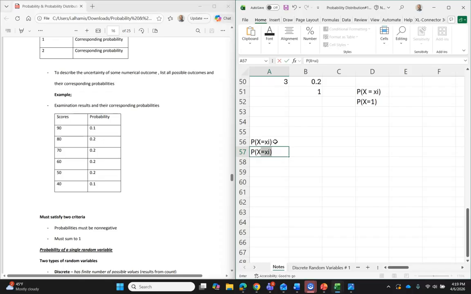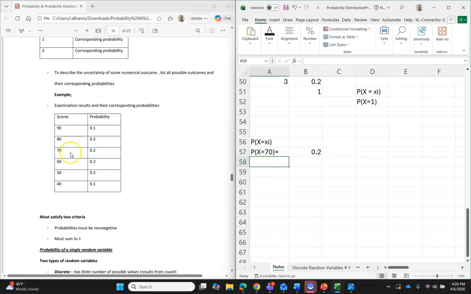Probability of x such that x equals 70. I'm just picking a value, 70. This one here. We know that the probability, if you put equal sign, is 0.2. Let's look at something different.